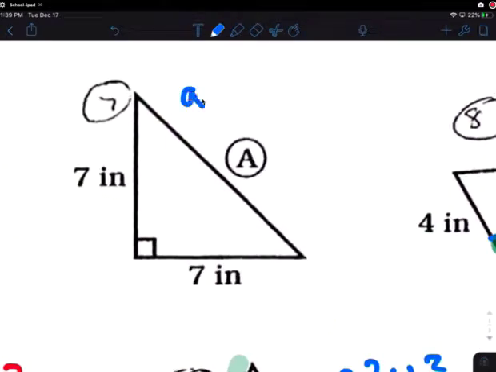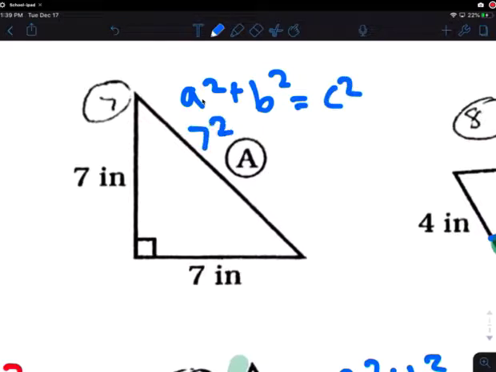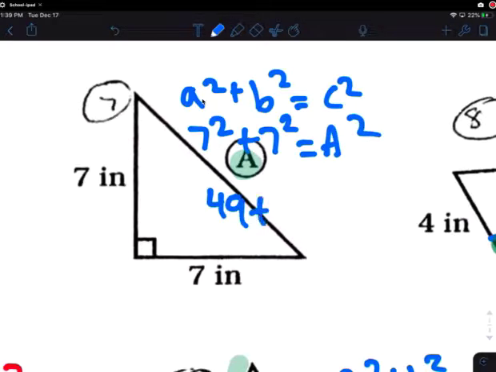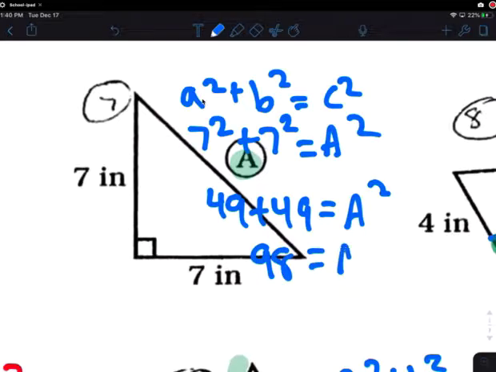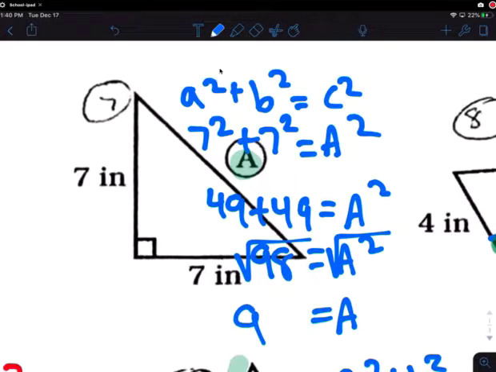So a squared plus b squared equals c squared. A is 7 squared plus 7 squared. C is this letter A. 49 plus 49 equals a squared, capital A anyways. That's 98 equals a squared, close to 100, right? Your answer is 9 point something. 9.8 or 9.9.